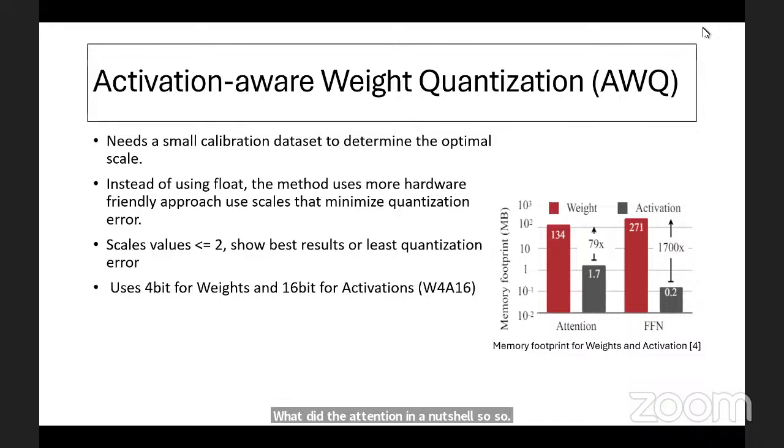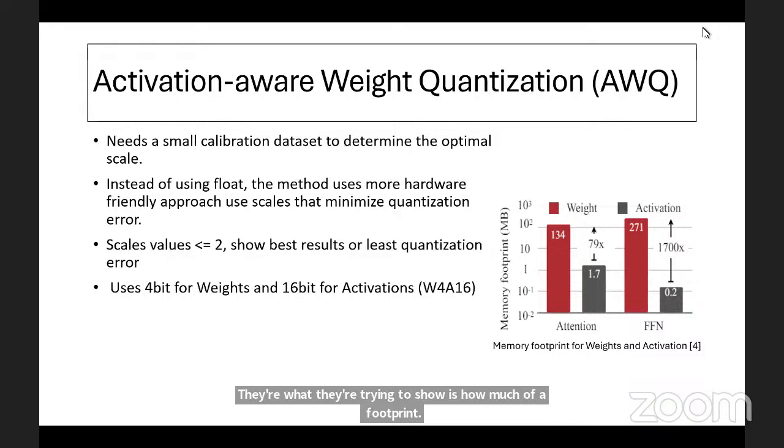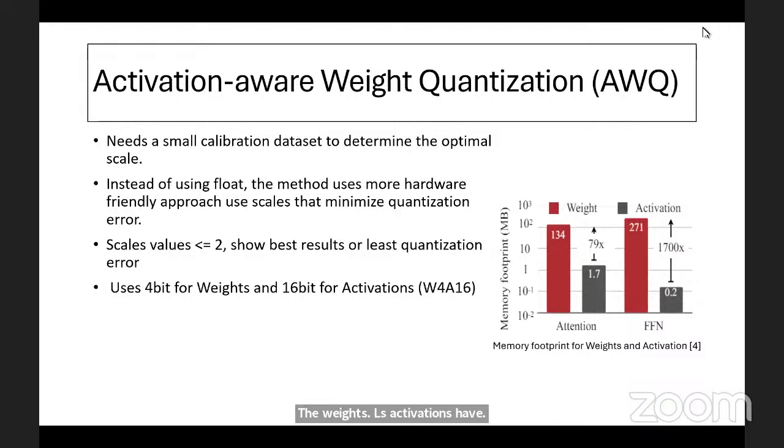The question was about the slide where we see attention and FFN, and what they are about. Here they're trying to show how much of a footprint the weights as well as activations have. That means how much of the weights come from the attention mechanism that we have seen in the multi-head attention in the transformer.